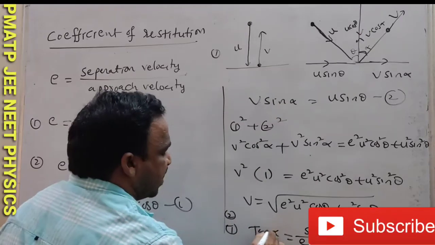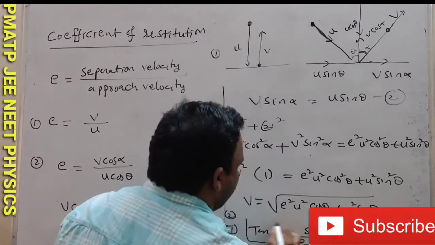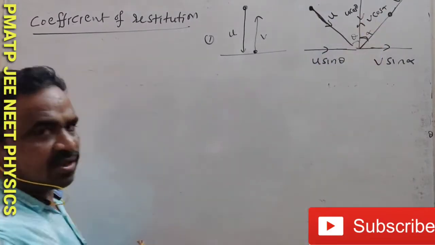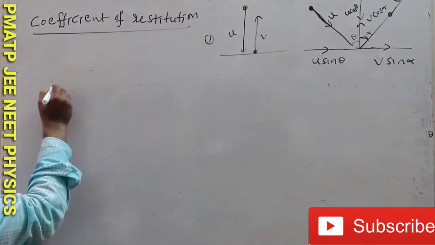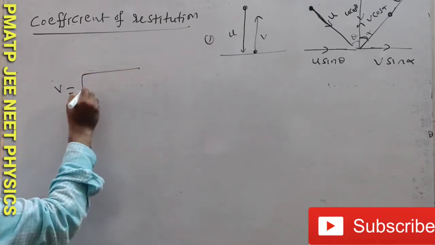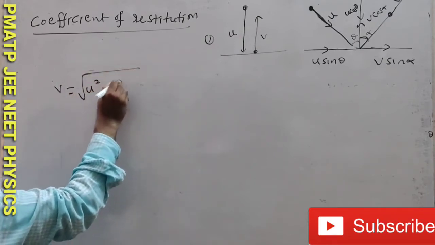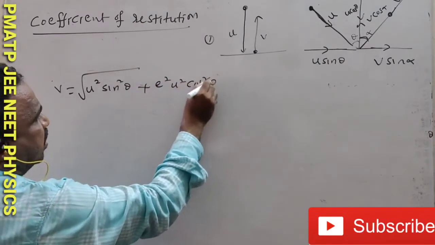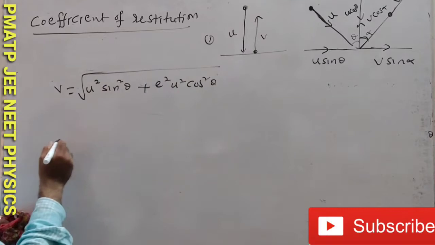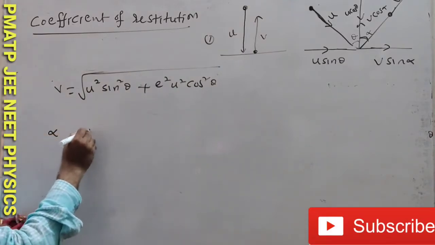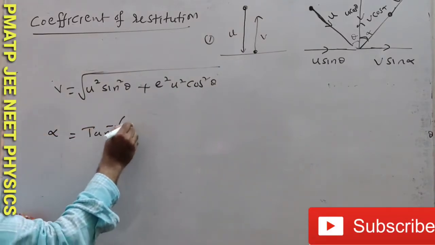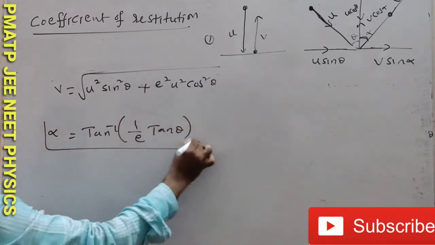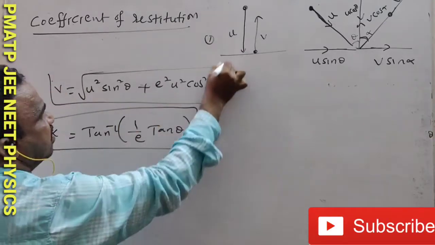This is the reflecting angle. What angle it is reflected back, and what the velocity after is: you got v equal to root of u square sin square theta plus e square u square cos square theta, and the reflecting angle alpha is equal to tan inverse of 1 by e tan theta. This is the reflecting angle and this one is the reflecting velocity.